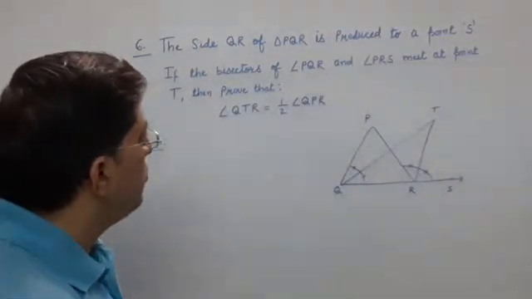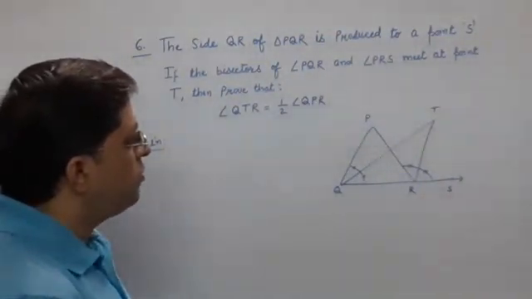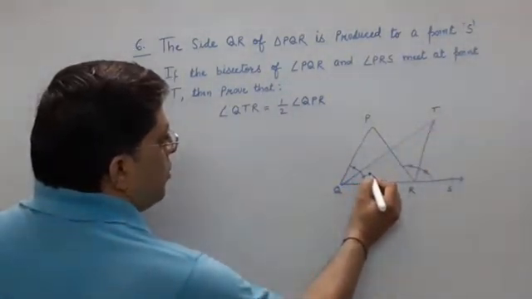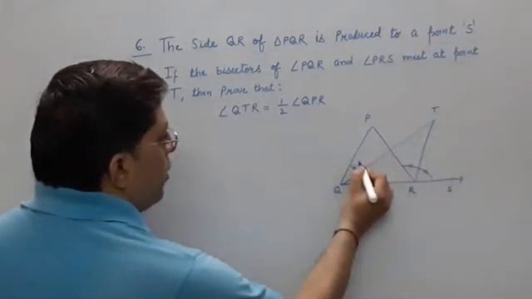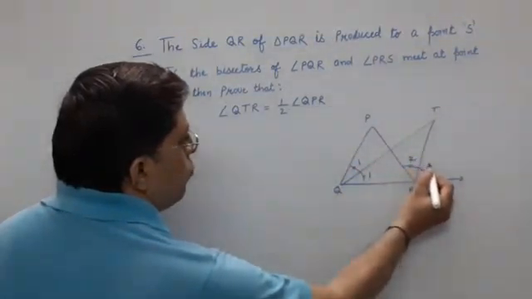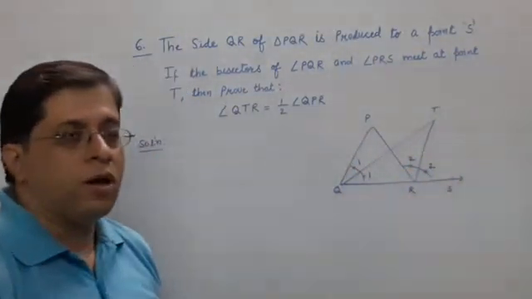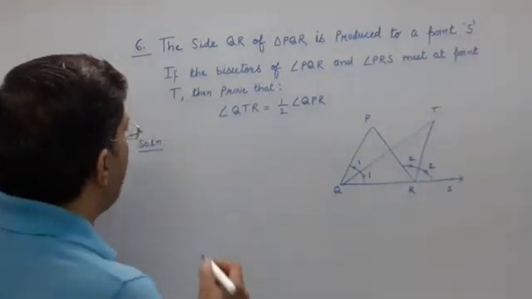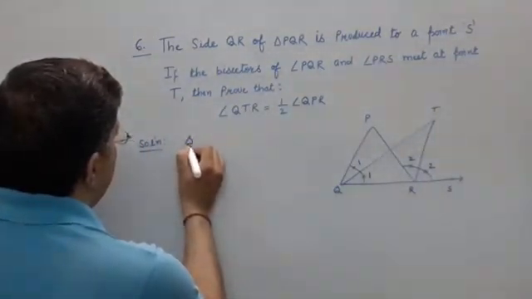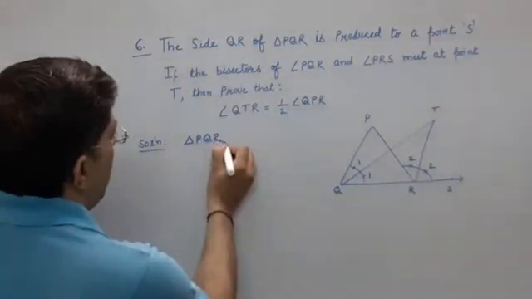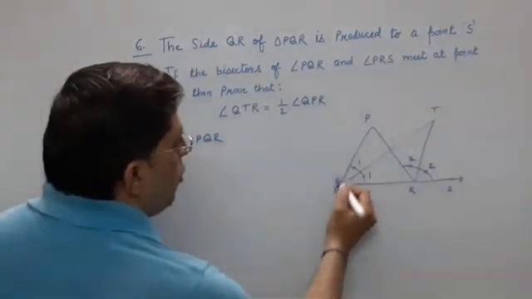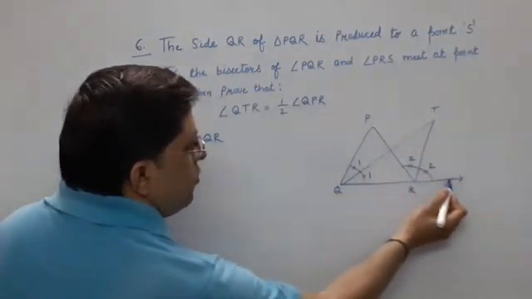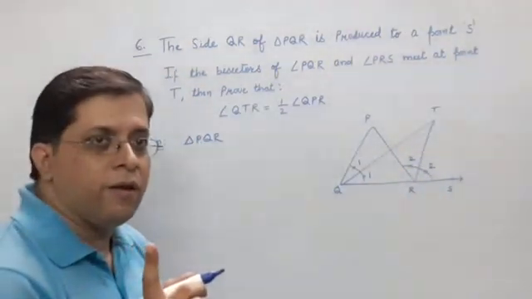Now come on here. Because QT is the bisector, I am taking 1 and 1 as equal angles, and here 2 and 2, for our convenience. Now I am taking triangle PQR. In this triangle PQR, concentrate on it. See, this angle PRS is the exterior angle.